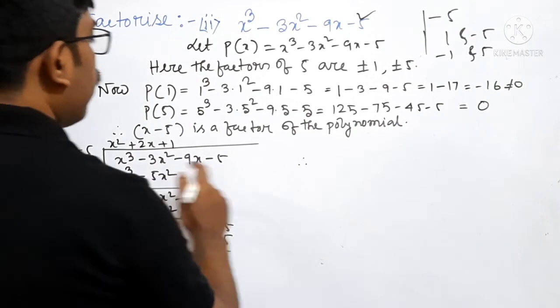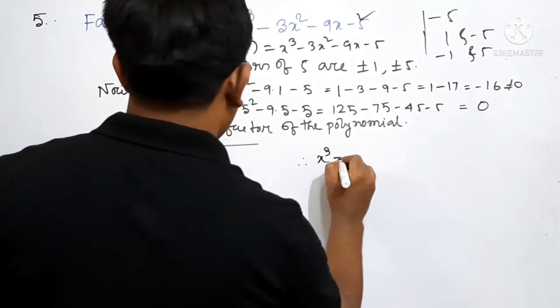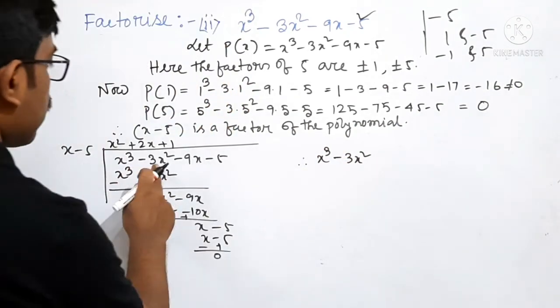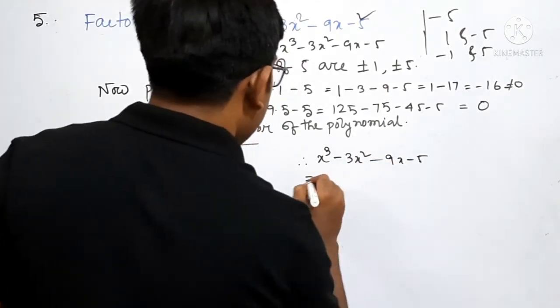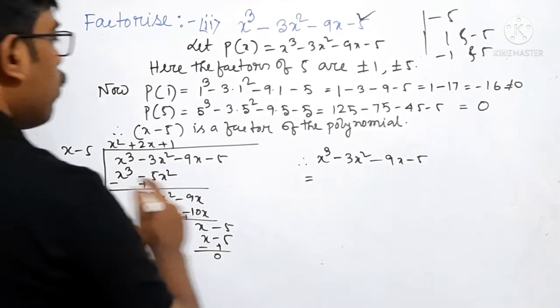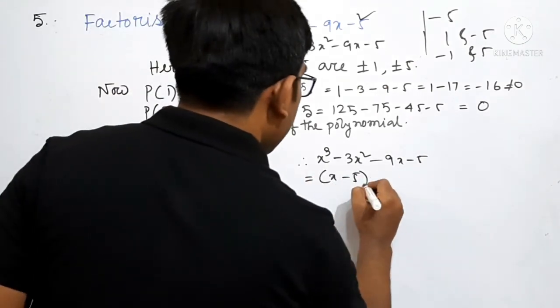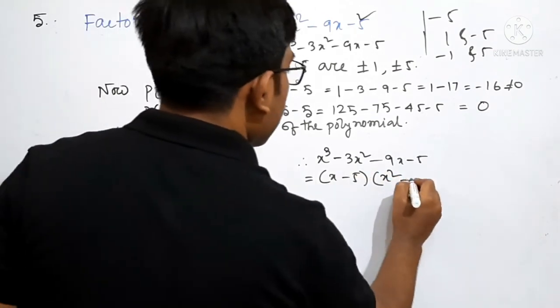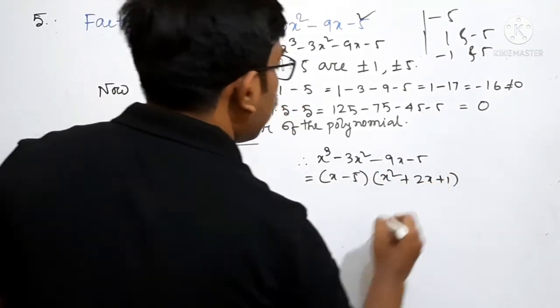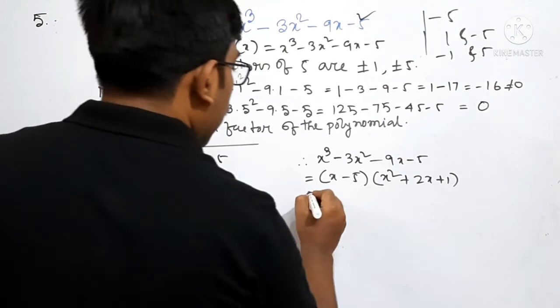Therefore, x cube minus 3x square minus 9x minus 5 is equal to x minus 5 into x square plus 2x plus 1.